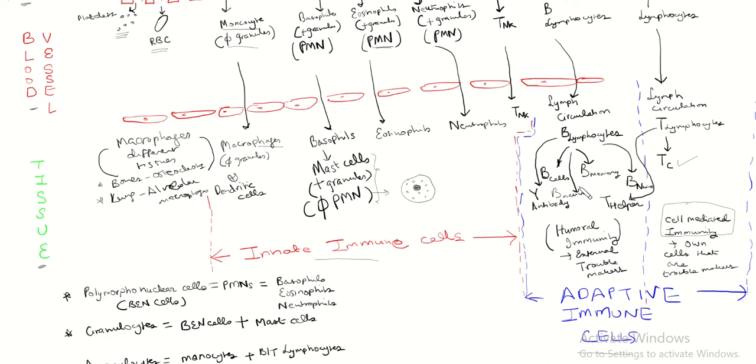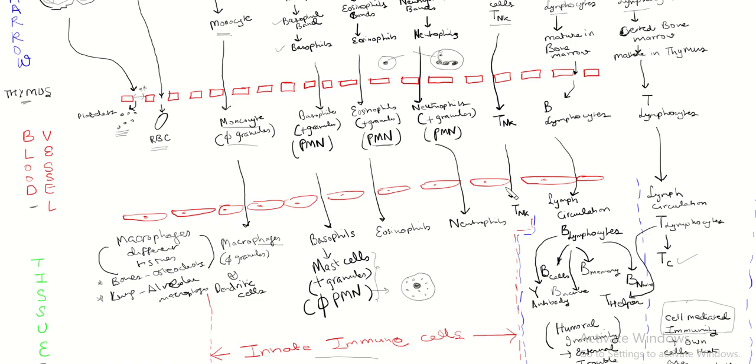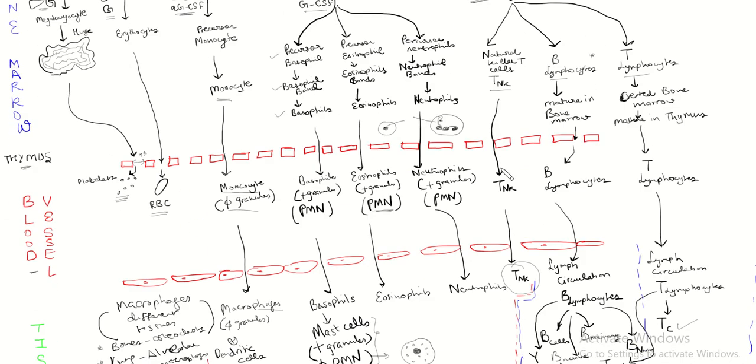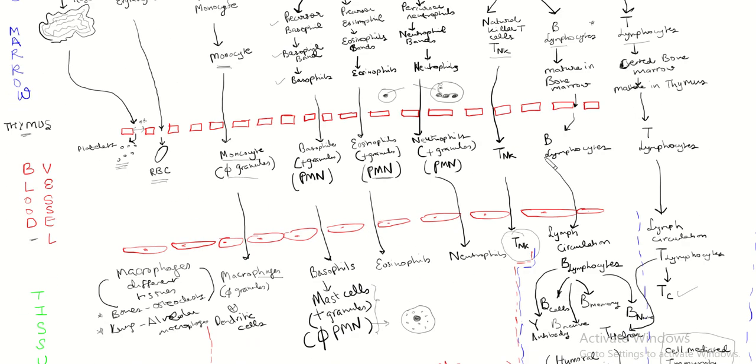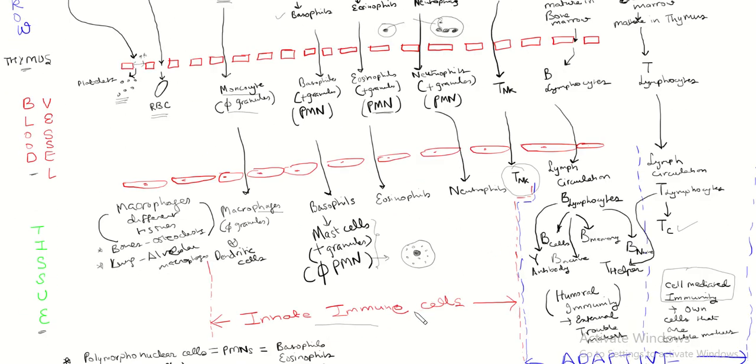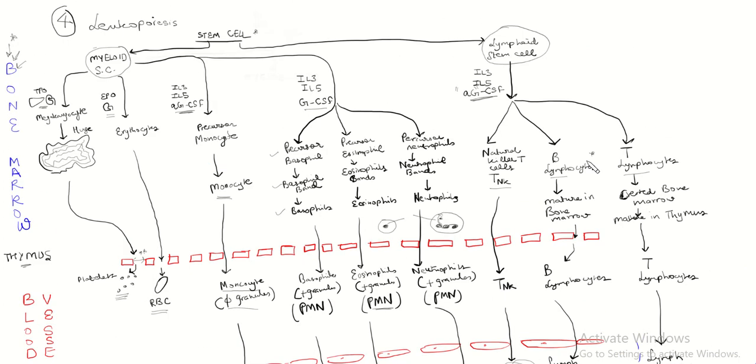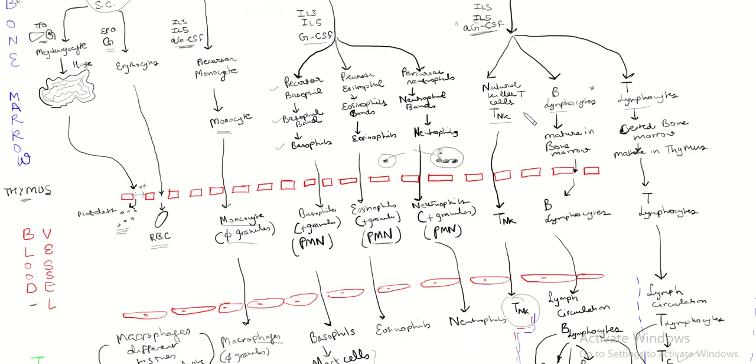Now, there's a couple of things that are pretty interesting. You guys see this natural killer cell? Which cell line is this? It's the lymphoid cell line, right? However, it is part of the innate immunity, it's an innate immune cell. Remember, lymphoid had three cell lines: natural killer cells, B lymphocytes, and T lymphocytes.